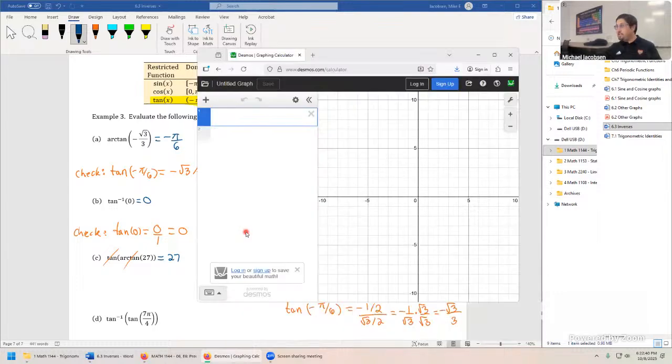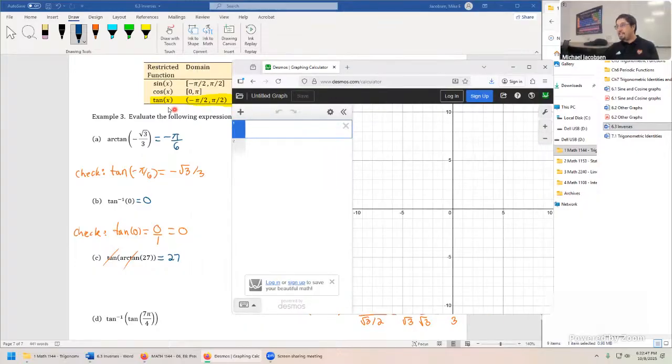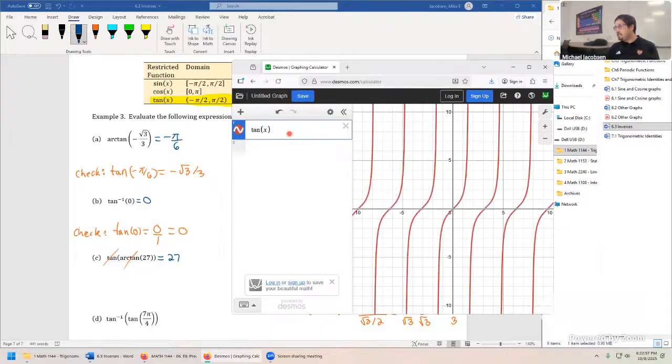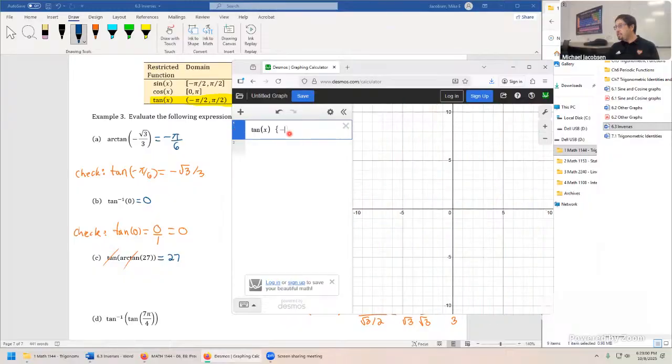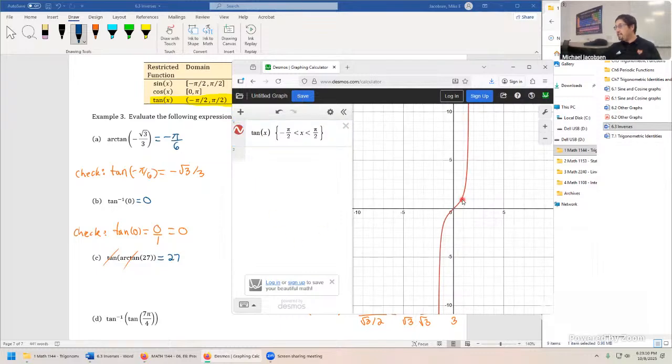We're going to combine the logic with the geometry of the tangent inverse function, but we have to be careful because I have to plot this tangent function thinking of tangent inverse. So if we go tangent x, then I want an immediate restriction of negative pi over 2 less than x less than positive pi over 2. In other words, we're just plotting tangent over one period.